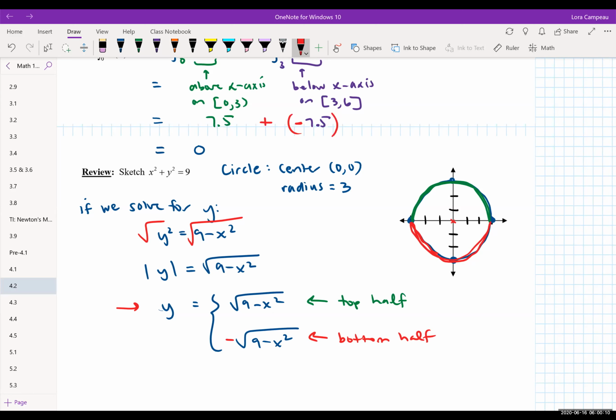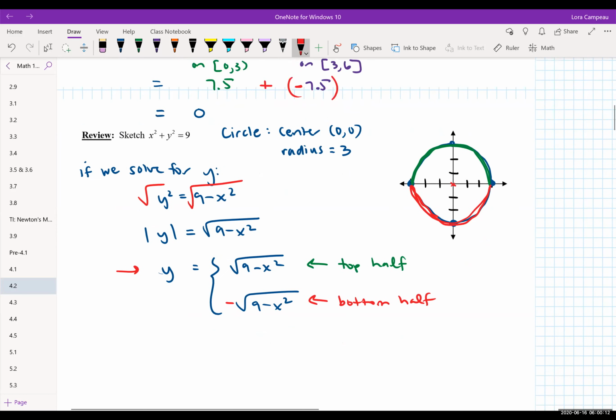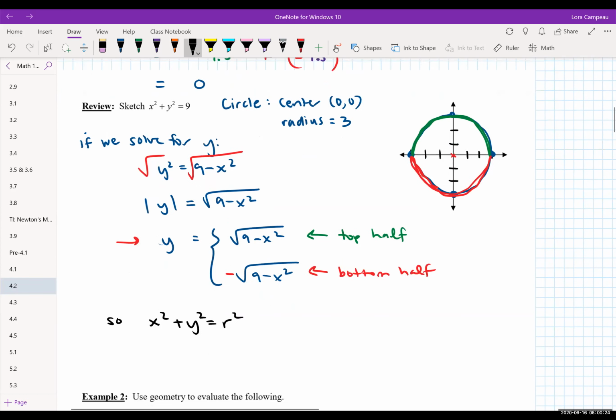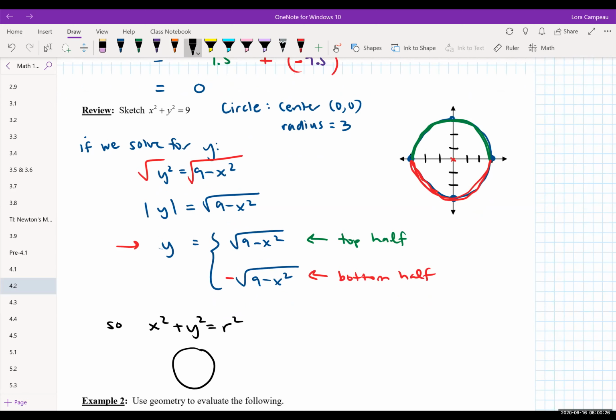So if you're trying to generalize this, just so that we are clear, x squared plus y squared equals r squared is our full circle. Versus if we had the positive case, y equals the square root of, if we're solving that, r squared minus x squared.